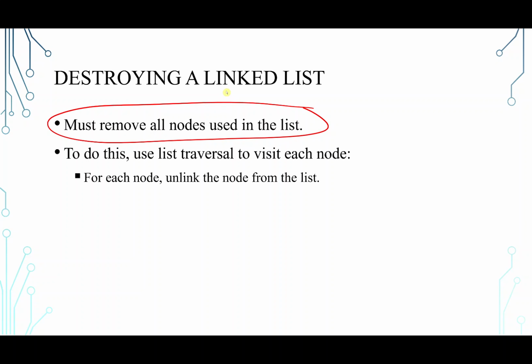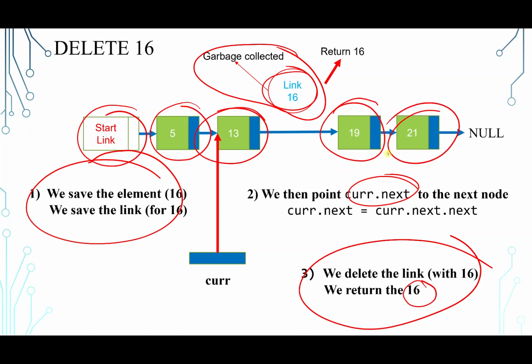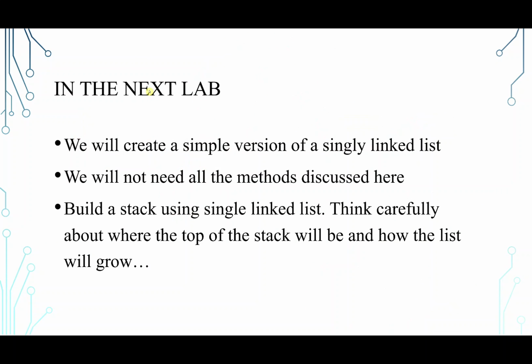For each node, unlink the node from the list. Unlinking the node means that I'm pointing that to null. So if I have, for example, this one pointing to null, and current.next pointing to null, same thing, keep doing that. Then each node is not accessible, and the garbage collector is going to collect them all. This is the easiest thing.